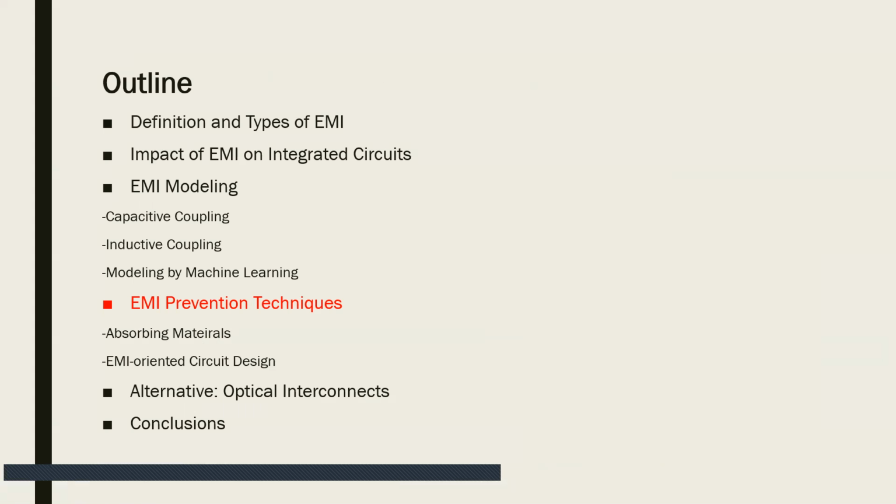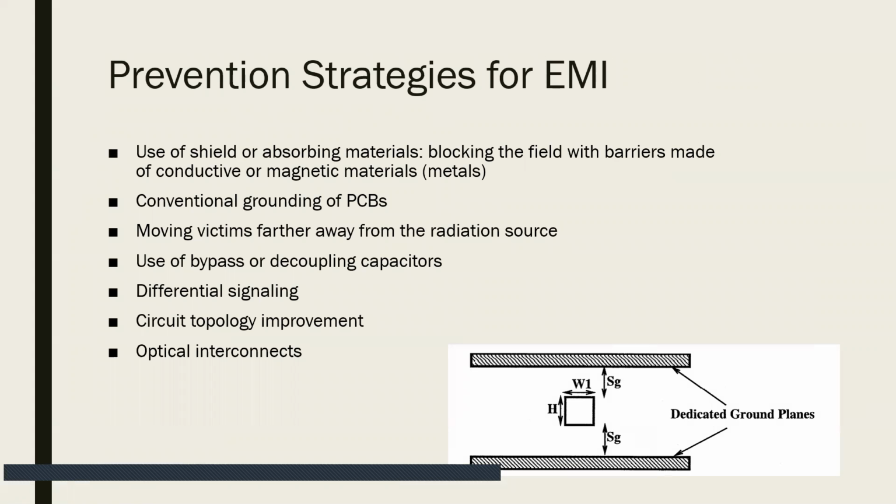Next, I will talk about the EMI prevention techniques. This slide summarizes the main techniques for EMI prevention. The first that comes to mind is the use of shield or absorbing materials, as I will talk about later.